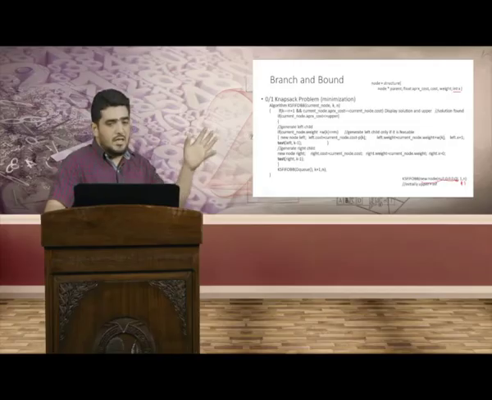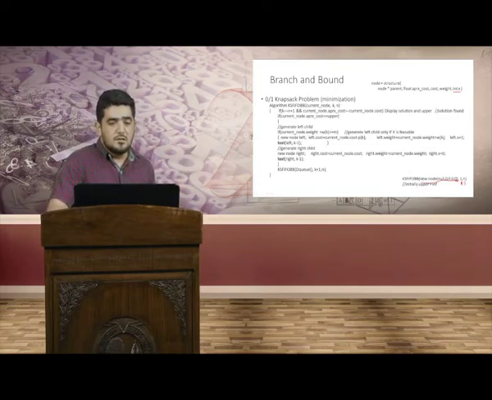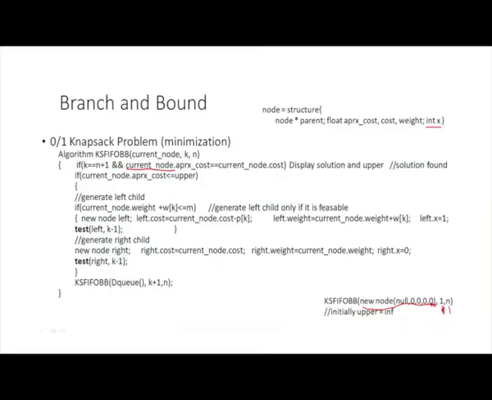If k, the level at which we are, is equal to n plus 1, meaning the last level that is possible, and the currently active node's approximate cost is equal to the actual cost, then we'll simply display the solution and the upper. How do we display the solution?